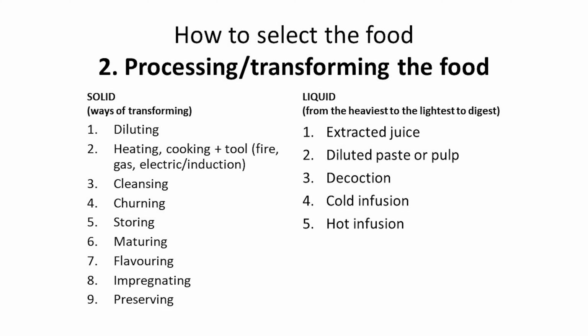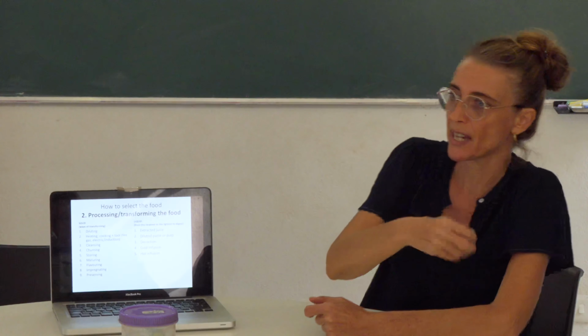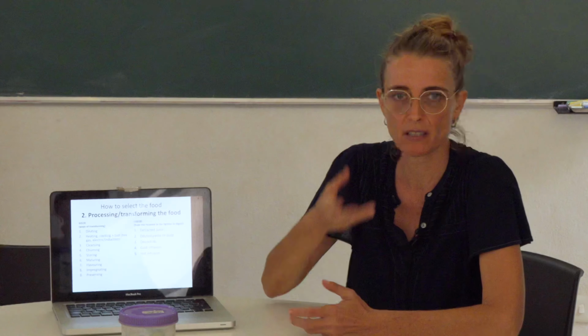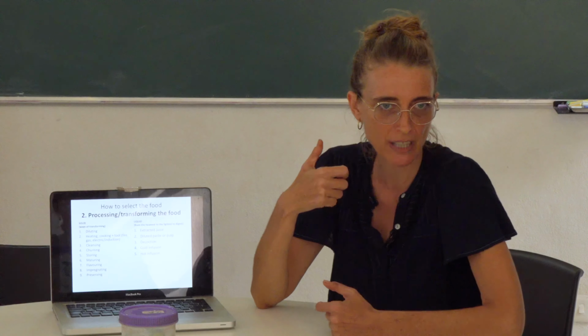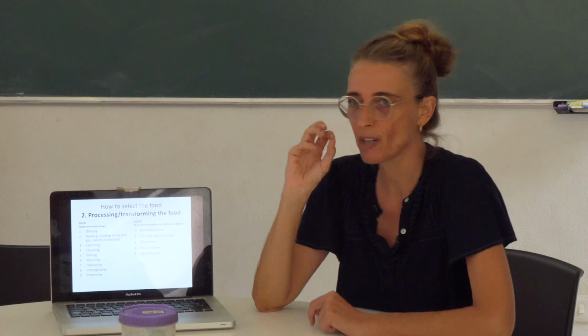This, in order, is from the heaviest, I would say, the heaviest to digest, to the lightest. So that means from the one that has more potency on you to heal, for example, to the last one that is quite mild in the effect it has on the body. So extracting the juice of any product, you get the essence of the product.